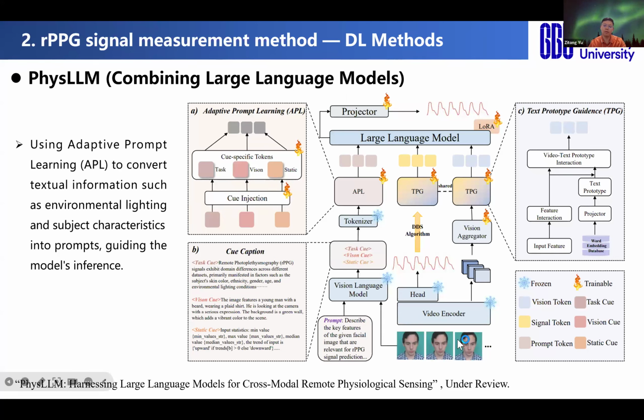For example, how does this subject look, and they also ask questions about the vision cues: what is the environment, what is the domain, is the human standing. And they also ask some static cues. Statics is about the signal level: what does the signal distribution look like?